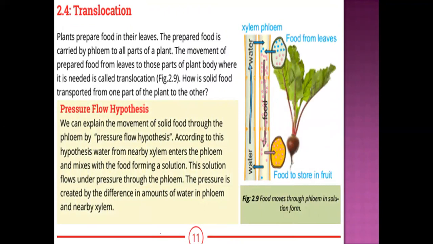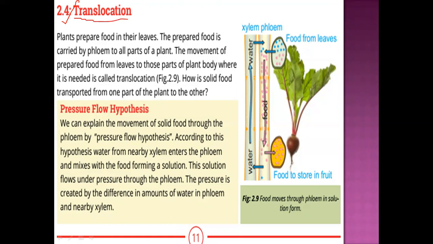Okay. In transportation of water and food in the plants, we are having the second topic, transportation of food in the plants. When transportation of the food in the plant is done, that process is called translocation.